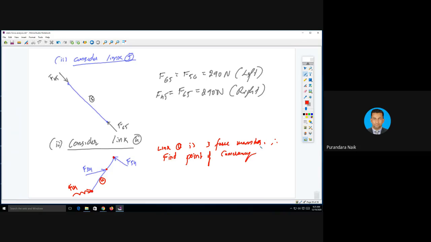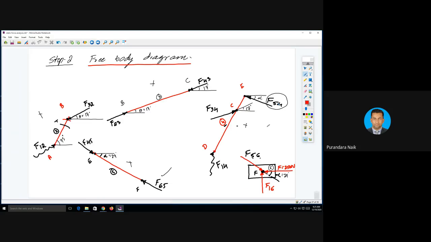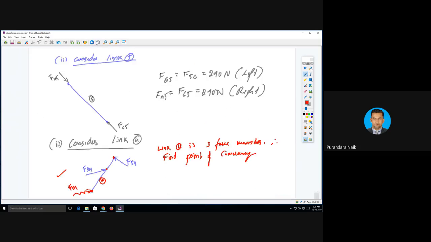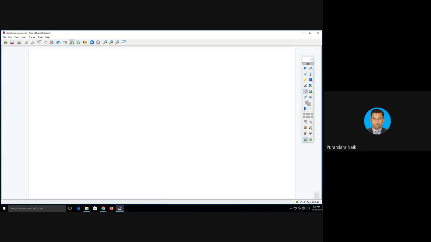So how to find out the point of concurrency? I think it's better to draw this figure with actual scale, because we need to find out the point of concurrency. Please do it. To draw this, you need to have the angle phi 88 degree, right? There's no use of freehand sketch. You need to draw with actual scale. So I'll do it here. Look at the next page.